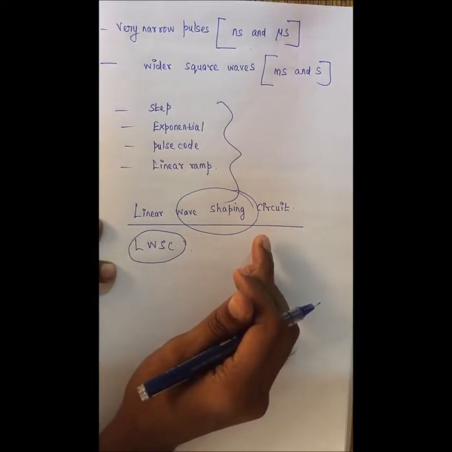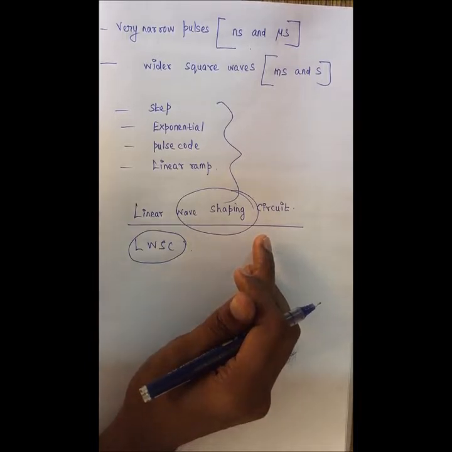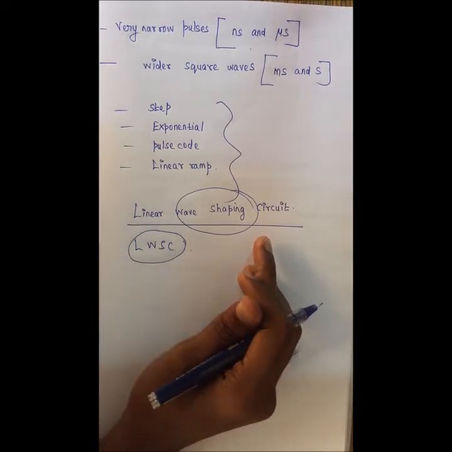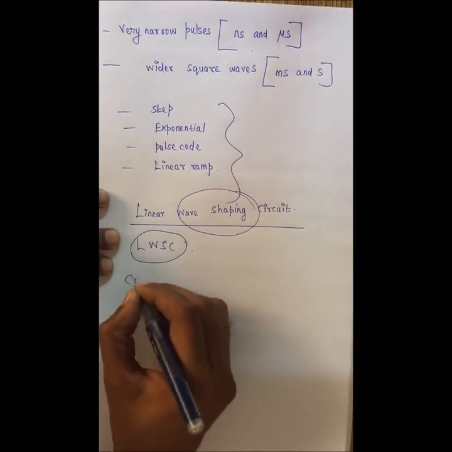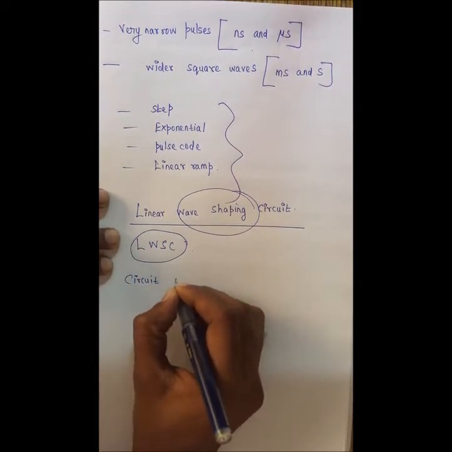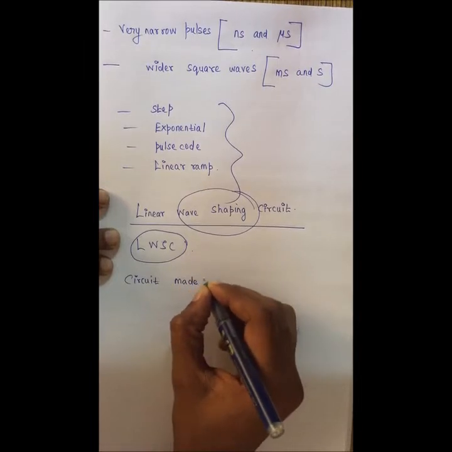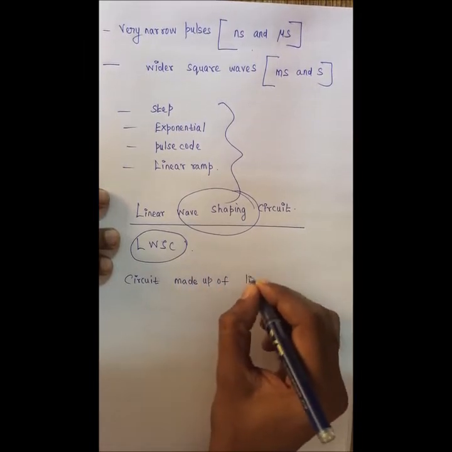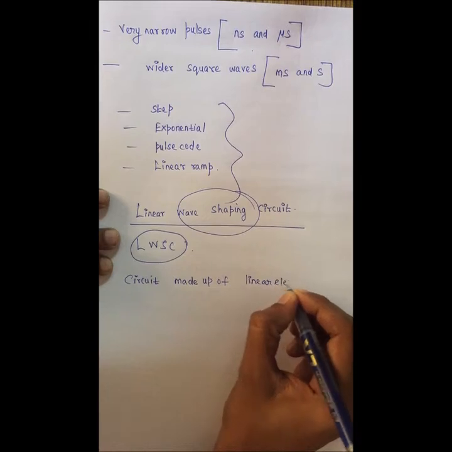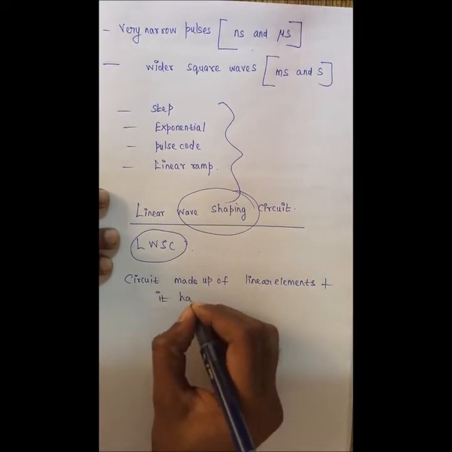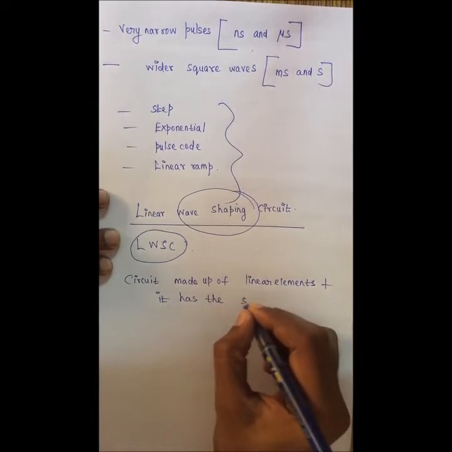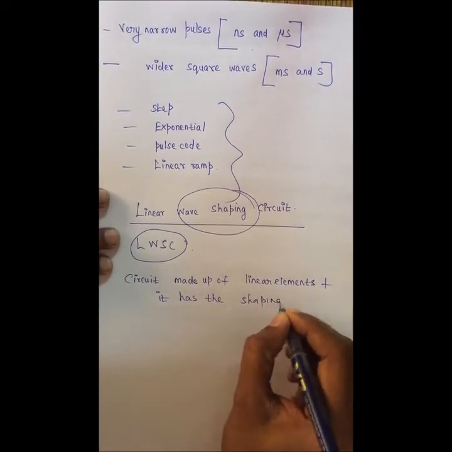So I can define it in this way. It is a circuit which is made up of linear elements, which has the capability of shaping the input signal. Okay, so it is a circuit made up of linear elements plus it has the shaping ability.